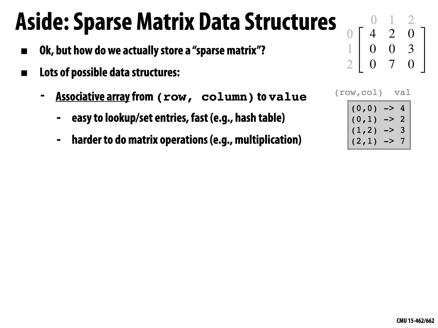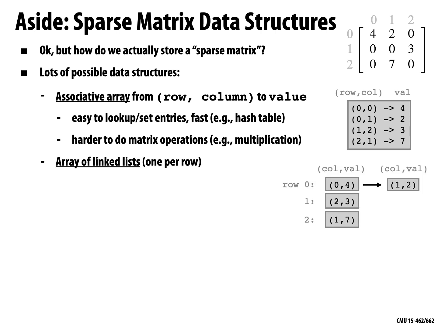Another kind of straightforward thing we could do is say, okay, most of the entries of our matrix are 0. So why don't we just store for each row of the matrix a list of the non-zero entries? For each row, I'm going to store the first non-zero entry in the matrix. So I'm going to store not only its value, but also the index of its column, and then a pointer to the next non-zero entry.